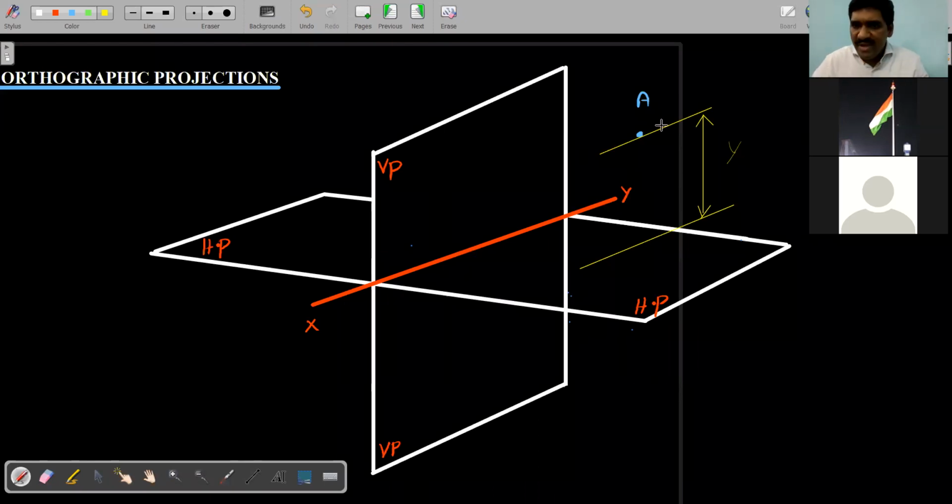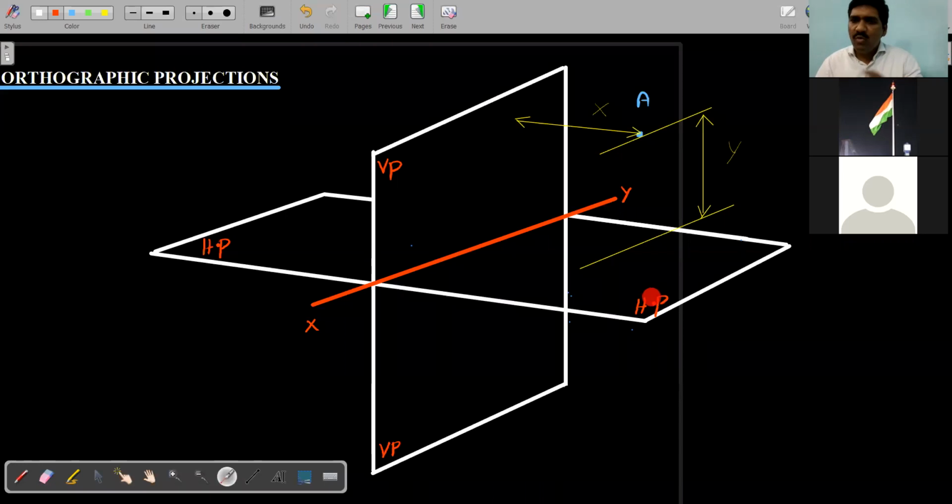At the same time, the distance of this point A from the vertical plane, can you check, how much is it? This can be called nothing but x. Now can I say clearly that this point is some x distance in front of the vertical plane and some y distance above the horizontal plane, or not?